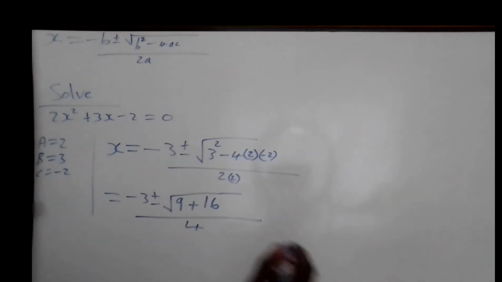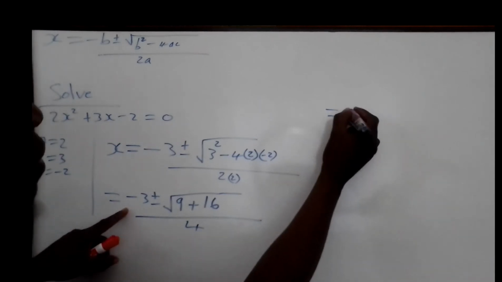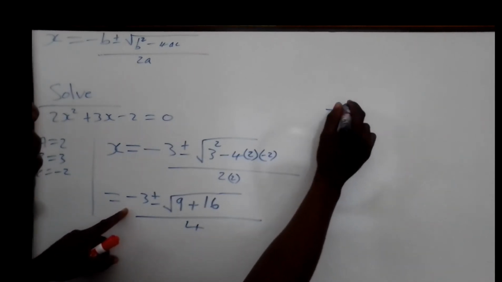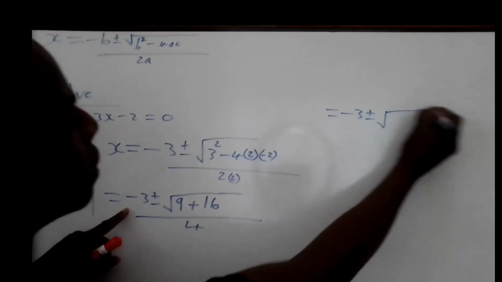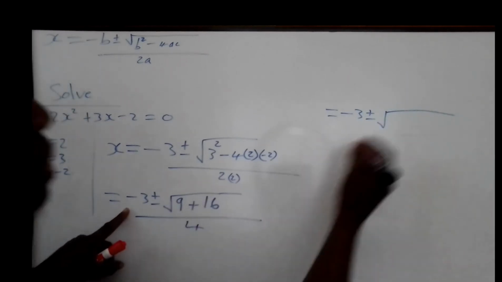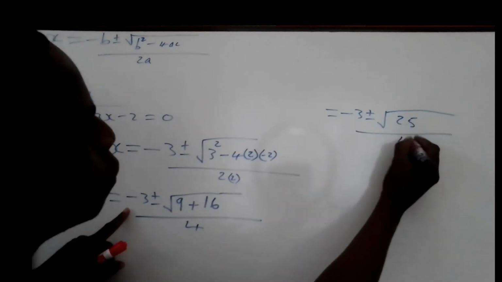So now we can write equal negative 3 plus minus 9 plus 16 is 25 all over 4.